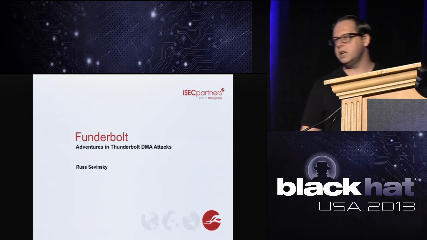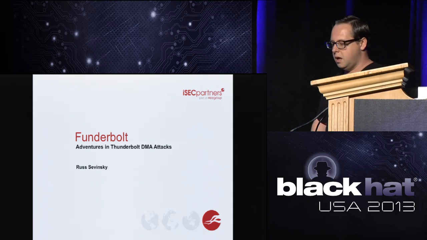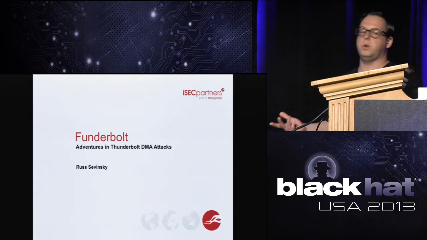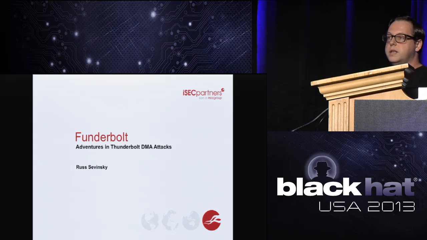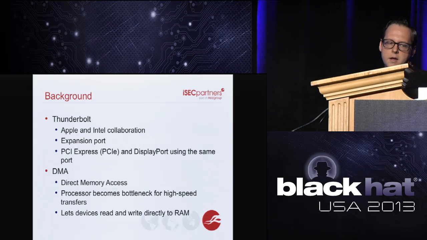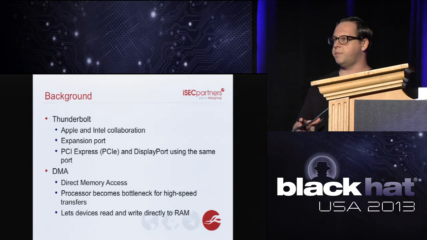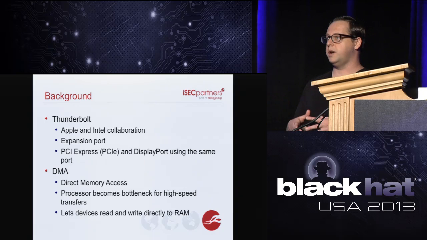In order to get a deeper understanding of what we are looking at, we're going to need some background information. Just at a high level, we need to know what is Thunderbolt and what is DMA. Thunderbolt is Apple and Intel's joint effort to combine a high-speed data bus and DisplayPort all on one expansion port.